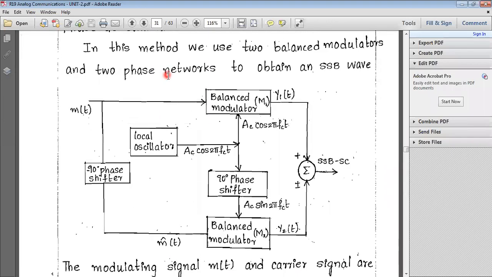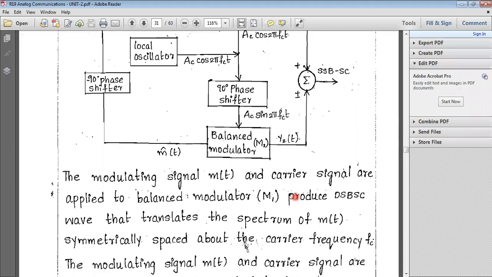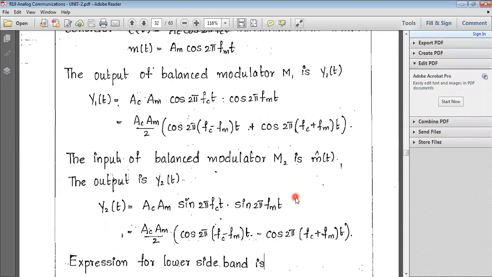This is considered as M1, and the output of M1 is represented with Y1 of t. So first you calculate Y1 of t, the output of the first balanced modulator.